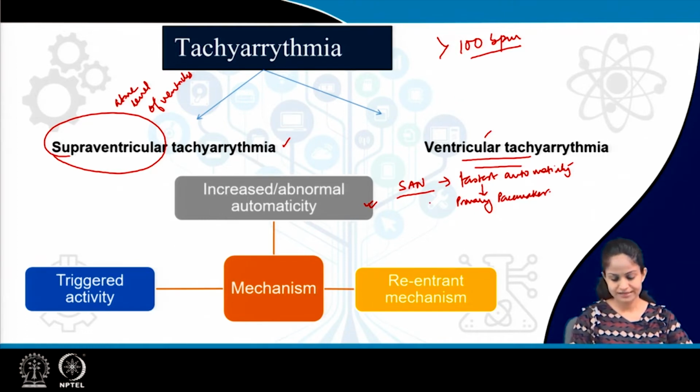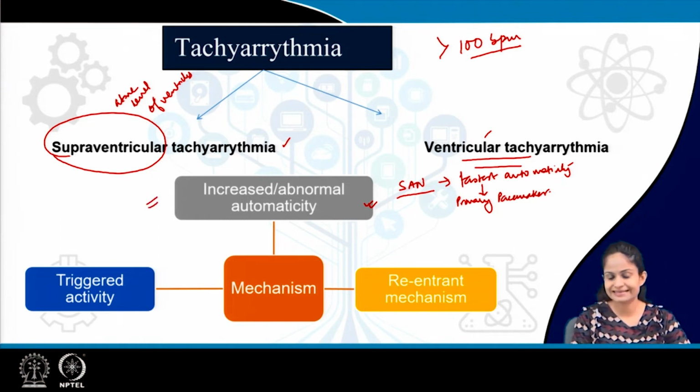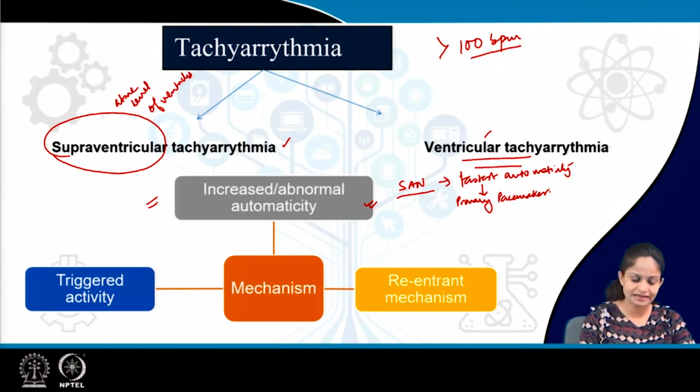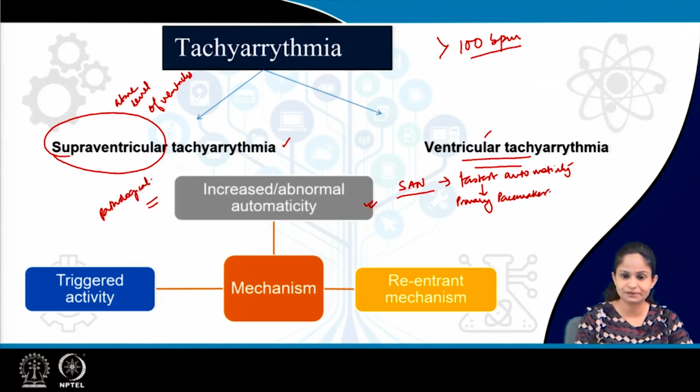Because of this there is depolarization of the cells, and this usually happens in pathological conditions. In physiological conditions it won't happen, because the primary pacemaker is the SA node. Whenever there is ischemia of the cells, there will be increased automaticity.